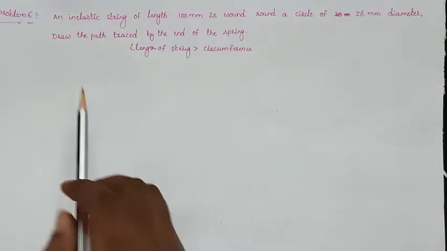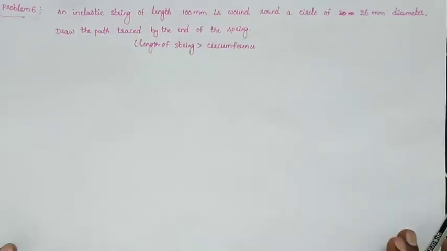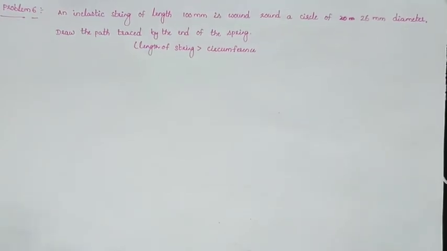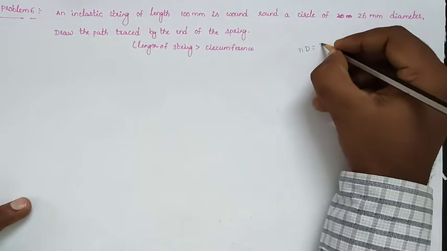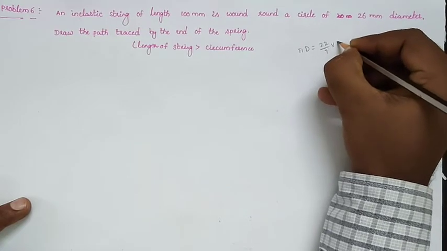So here in this problem they are giving that an inelastic string of length 100 mm is wound around a circle of 26 mm diameter. Draw the path traced out by the end of the string. So here if you find the perimeter pi d, that is equal to 22 by 7 into 26.